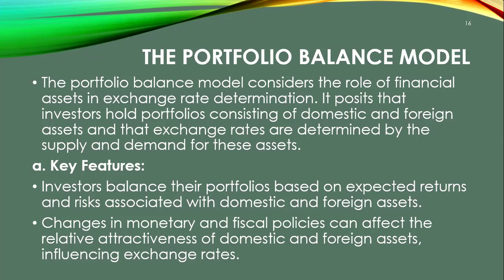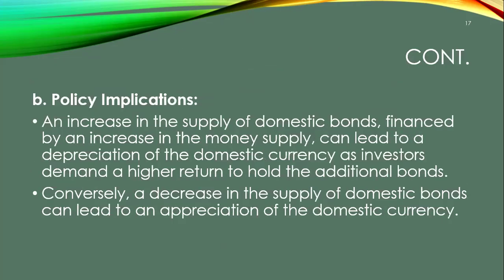So key features: investors balance their portfolios based on the expected returns and risks associated with domestic and foreign assets. Then changes in monetary and fiscal policies can affect the attractiveness of domestic and foreign assets, influencing exchange rates. Then implications: an increase in supply of domestic bonds financed by an increase in money supply can lead to depreciation of the domestic currency. Why?